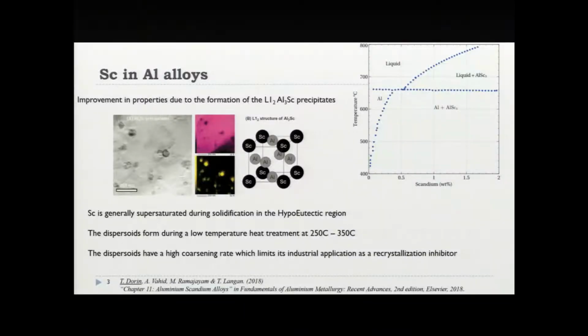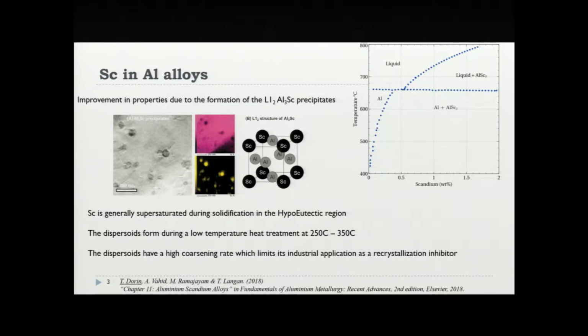So first, about scandium in aluminum. There's a eutectic reaction in the aluminum-rich corner of the phase diagram, and all the positive properties from scandium come from the formation of these L1_2 Al3Sc spherical dispersoids.